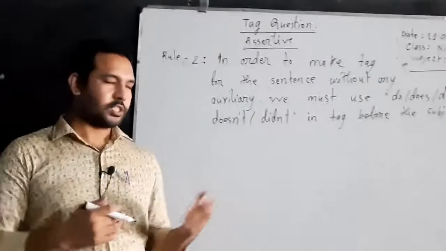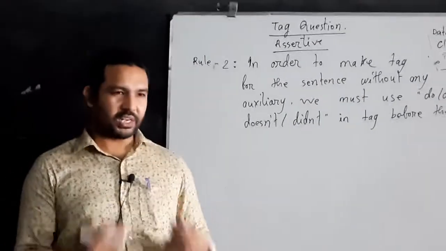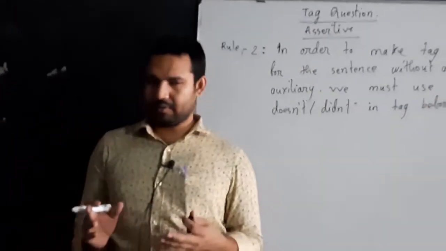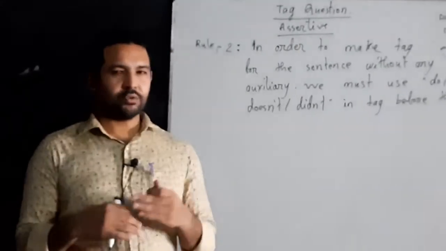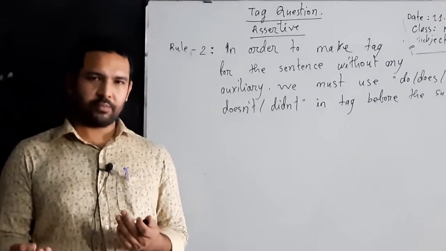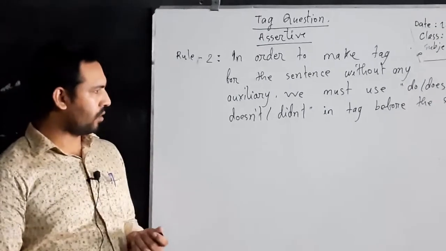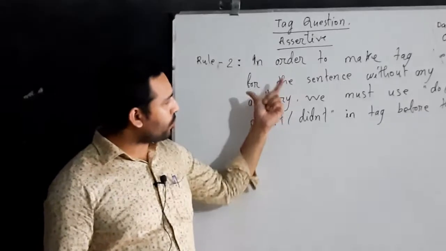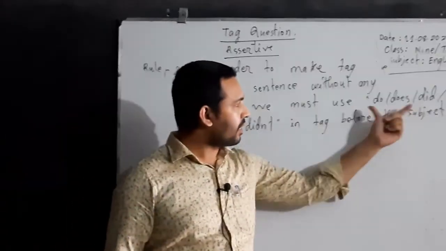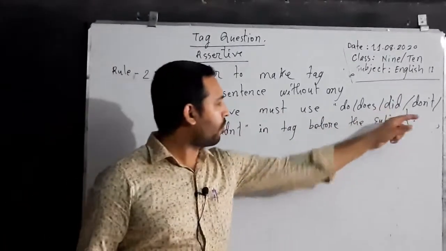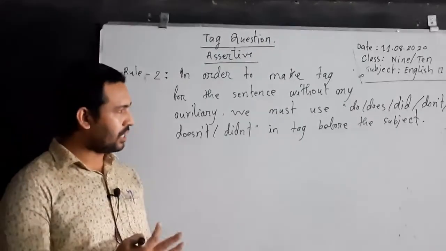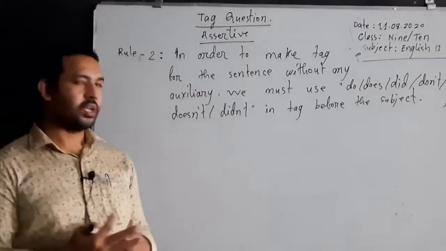We already discussed the sentences having auxiliary verbs. If there is an auxiliary verb in the sentence, it is very easy to make a tag for that sentence. We have to use the opposite form. If the auxiliary verb is affirmative, then the auxiliary verb will be negative in the tag, and vice versa. But if we don't have any auxiliary verb in the sentence, we have to use these 6 auxiliary verbs: do, does, did, don't, doesn't, and didn't.